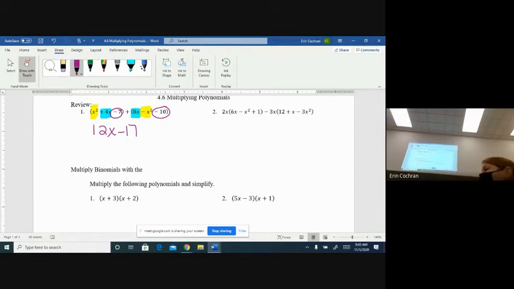Number two, what are we doing here? Distributing. So what's 2x times 6x? 12x what? Squared, good. What's 2x times a negative x? Negative 2x to the third, good. What's 2x times 1? 2x, good.